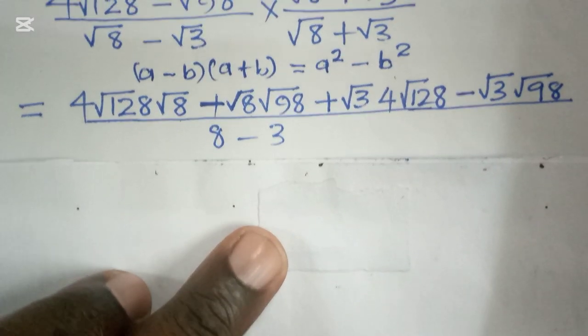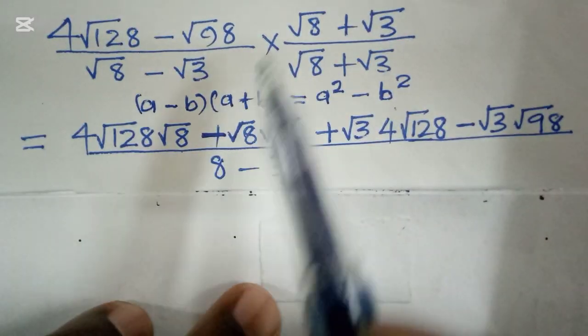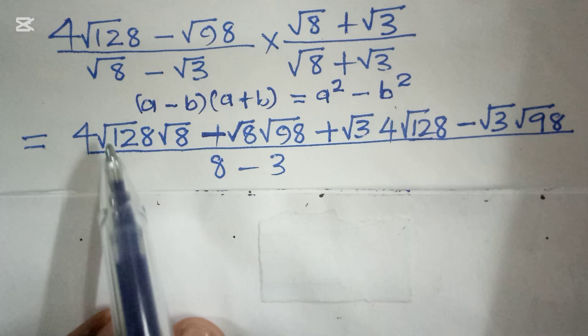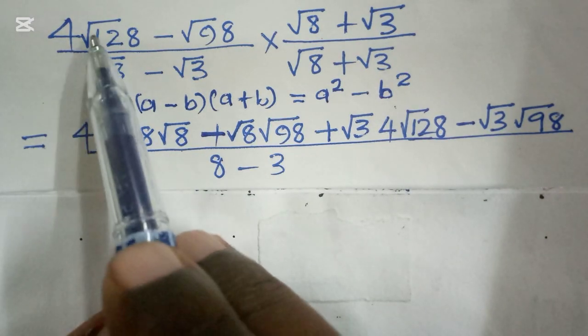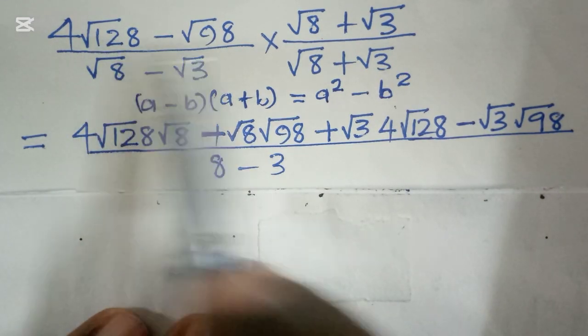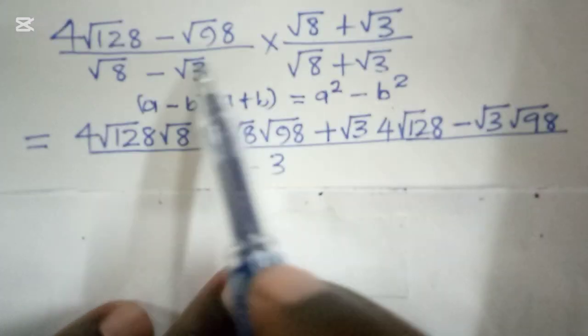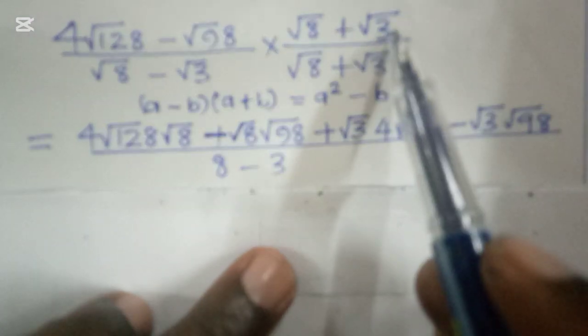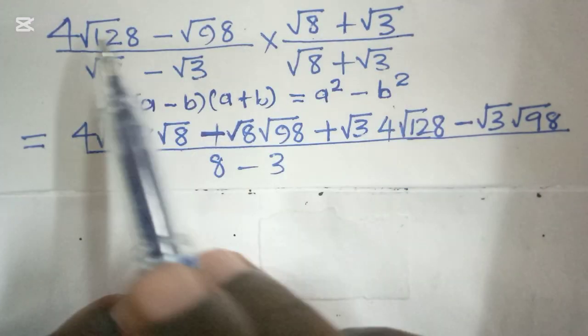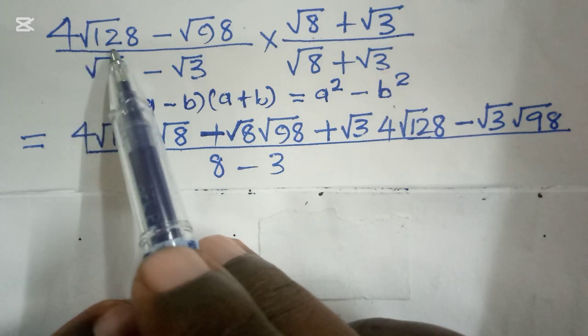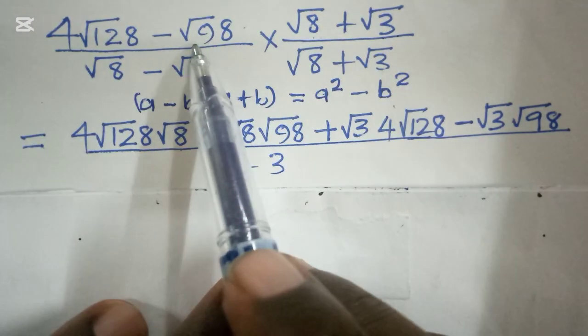Coming to this upper side, we multiply square root of 8 by this first term, which is 4 square root of 128, and again we multiply by this term. Then we multiply square root of 3 by the first term, that is 4 square root of 128, and again we multiply by that term.